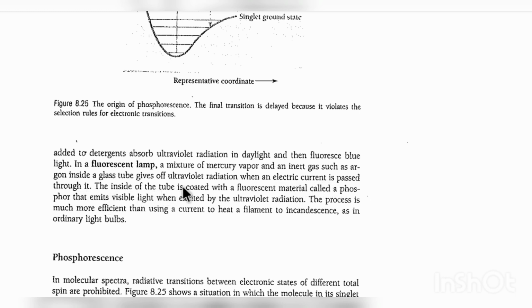The inside of the tube is coated with a fluorescent material called a phosphor that emits visible light when excited by the ultraviolet radiation. The process is much more efficient than using a current to heat a filament to incandescence, as in ordinary light bulbs.